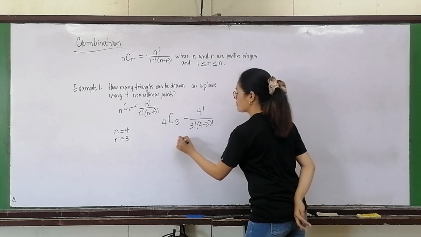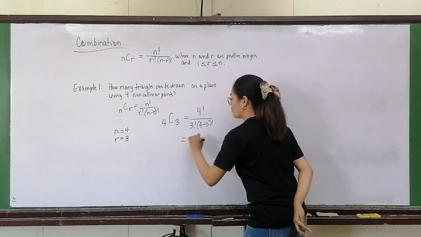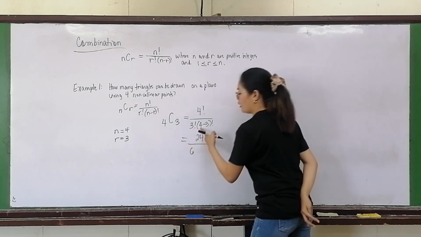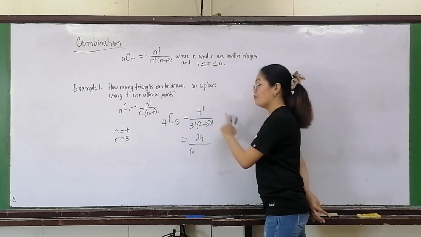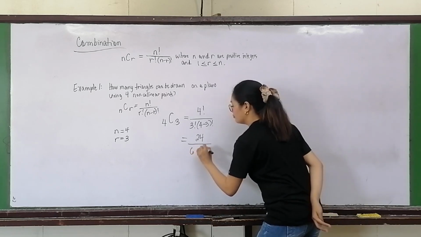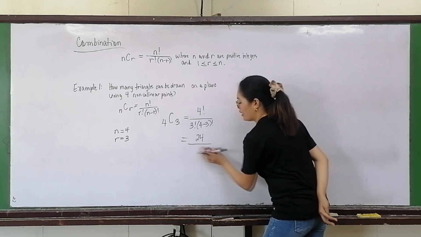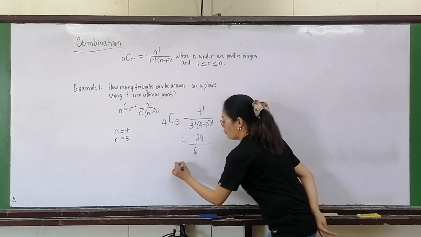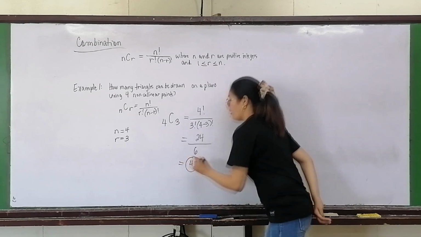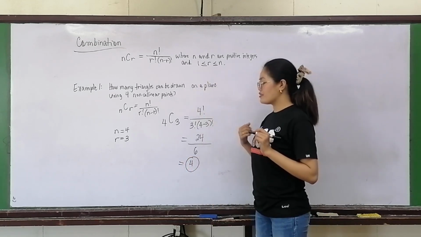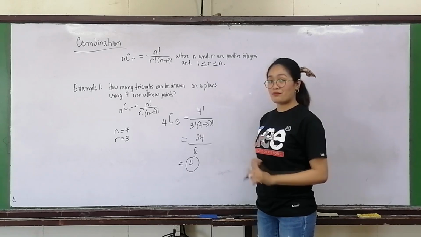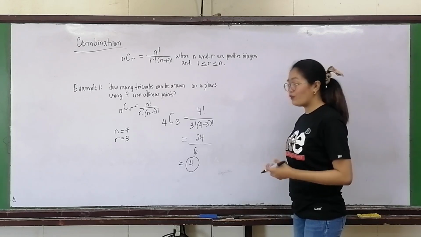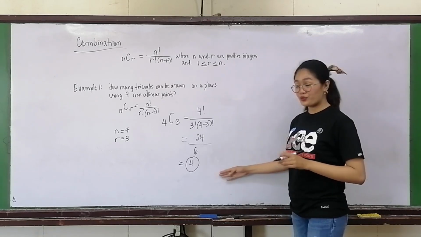This then gives us 4 factorial is 24 over 3 factorial is 6 and 4 minus 3 is 1 factorial, we have 1. Or we can simply write it as 6. 24 divided by 6, we get 4. Therefore, using our formula, we can say that 4 triangles can be formed using 4 non-collinear points. But let us check whether this is true.